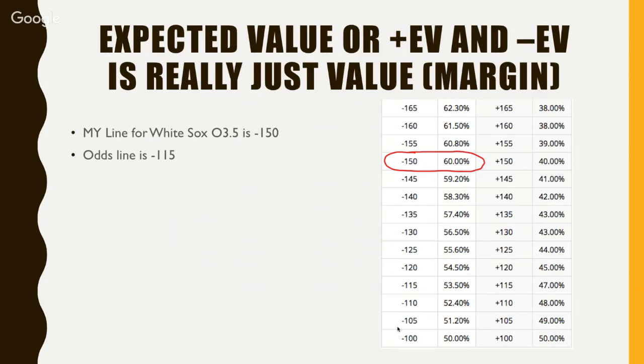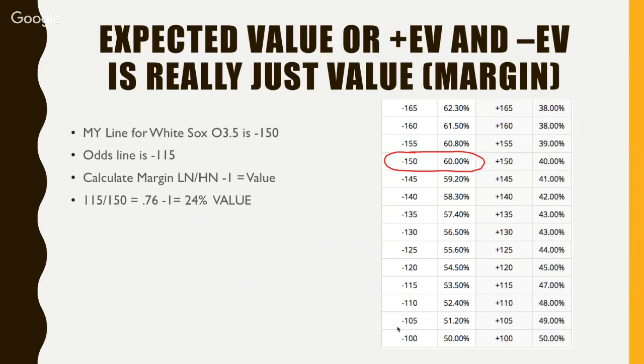All right. Now, the actual formula for this is low number divided by the high number, minus 1, equals our value. Or margin. So if we take that example, we have 2 numbers, 150 and 115. What's the lower number?